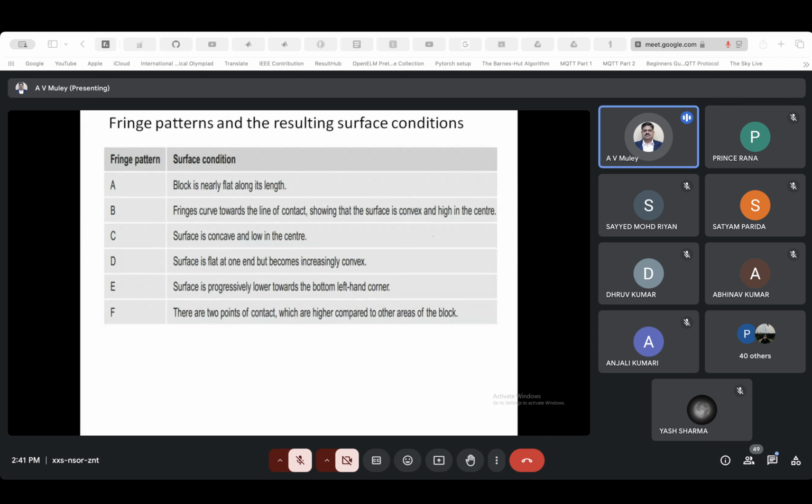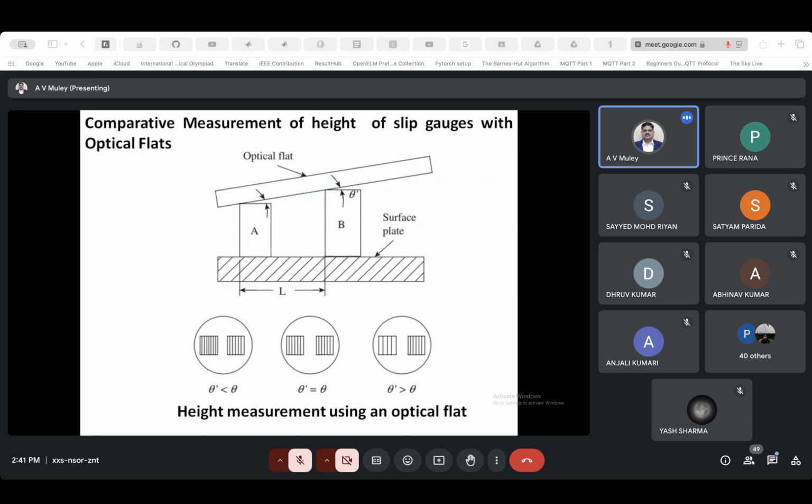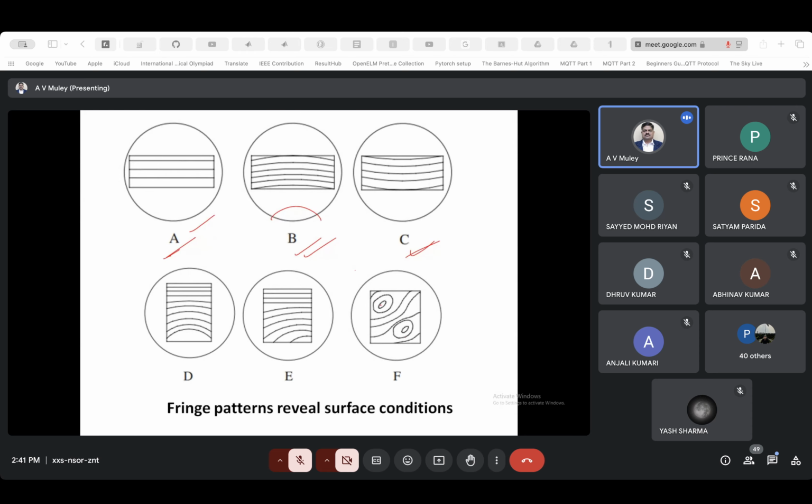Then you have for example surface flat at one end and becoming increasingly convex. एक जगह फ्लैट है, जैसे ये फ्लैट है, और यहाँ ये कॉन्वेक्स हो रहा है, ठीक है. यहाँ उल्टा होगा इसके पर्टिकुलर केस में.